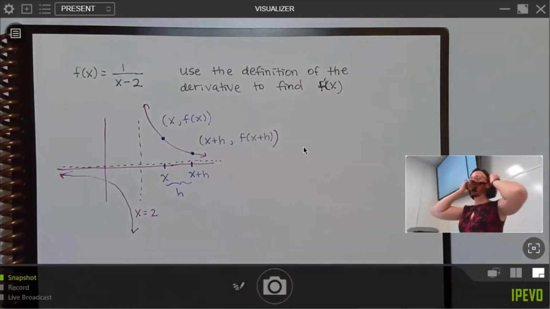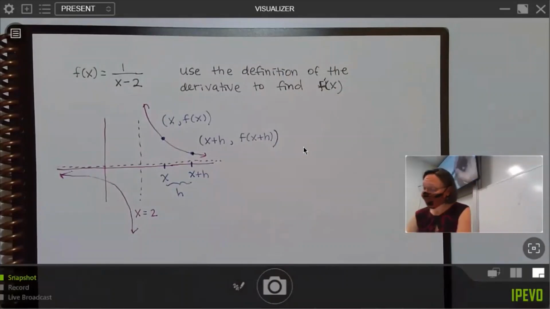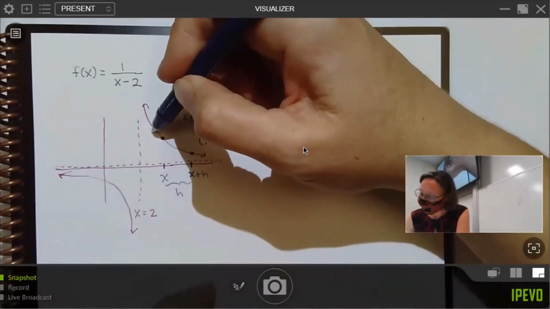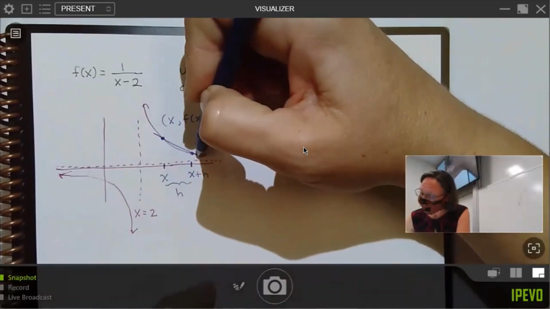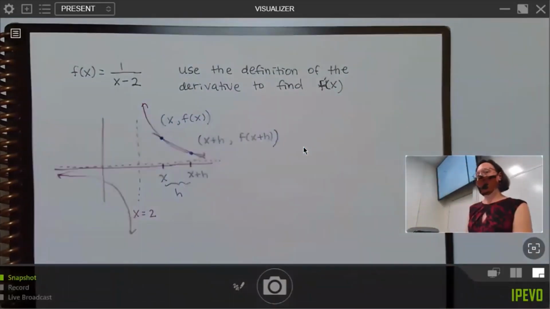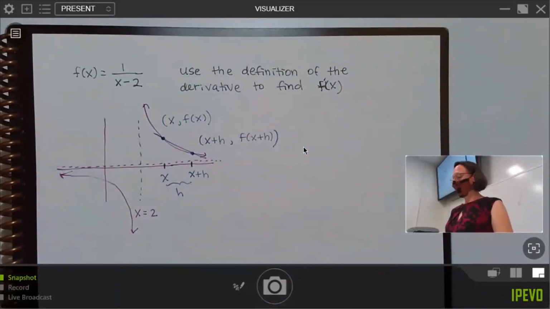So what we're doing when we're finding the slope of a tangent line is we're actually finding the slope of a secant line. We're going old school, finding the slope the way that we have since, I don't know what grade in school you start talking about slope. Let's pretend it was 6th grade. You talk about slope as rise over run, or change in y over change in x.